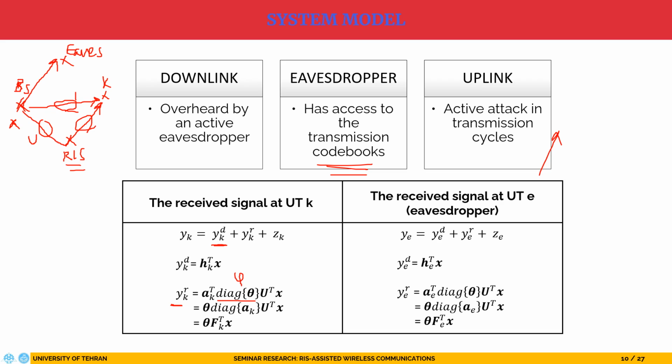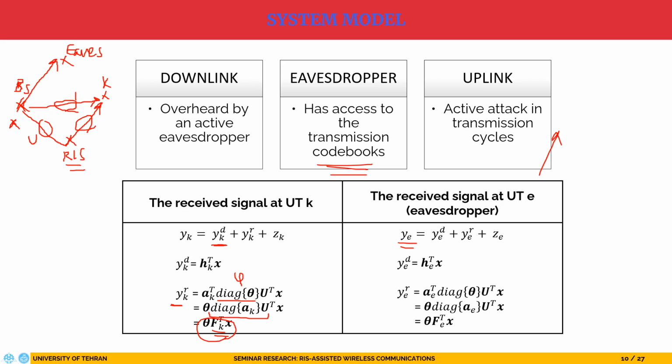By substituting these vectors here, taking theta out of the diagonal and putting A_K into the diagonal function, we have theta diag A_K U transpose multiplied by the original signal x, and we call this channel the effective or cascaded channel, F_K transpose.